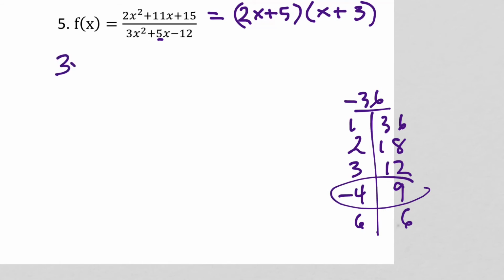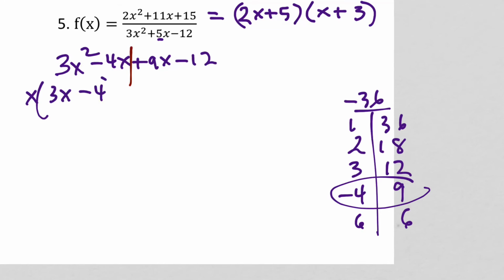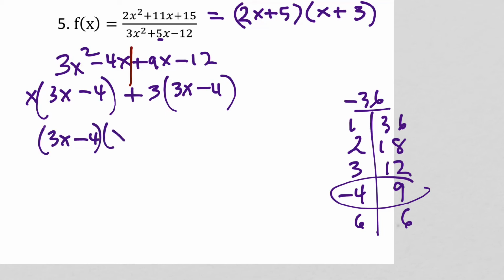So replacing the middle term with negative 4x plus 9x and factoring by parts, I've got x times (3x minus 4), bring down the plus, factor out a 3, should have the same 3x minus 4 factor. So I've got (3x minus 4)(x plus 3).